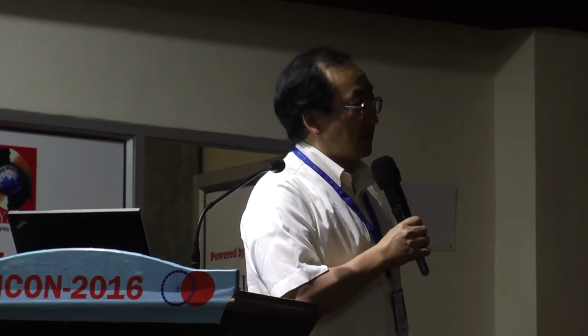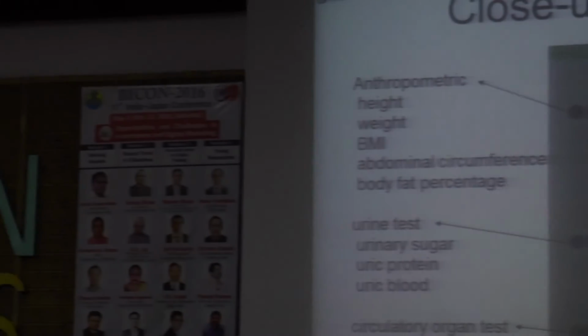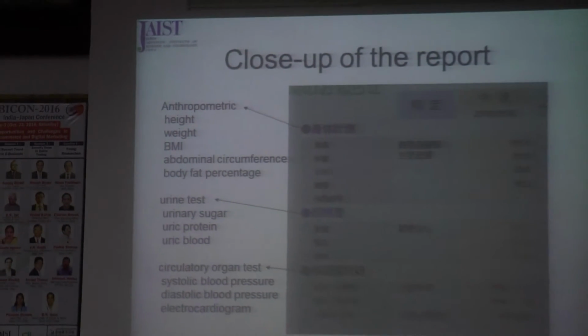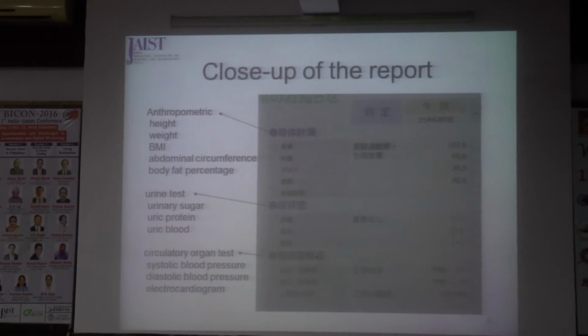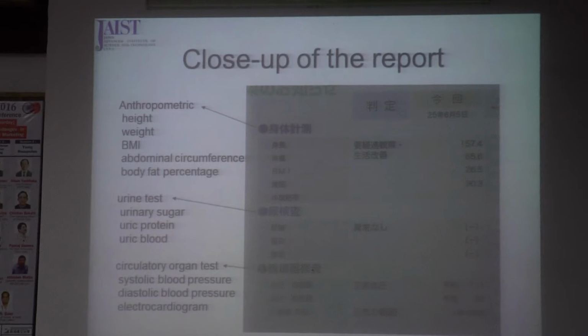Therefore, once a year we take a health check, measuring various kinds of indices, like you see: height, weight, BMI, eye test, circulatory organ test, and so on. The items to be checked number more than 40. And this is a very good opportunity for us to recognize the condition of our health.